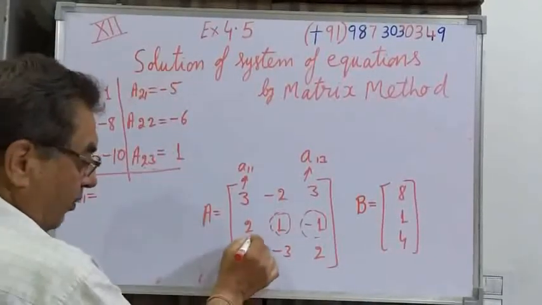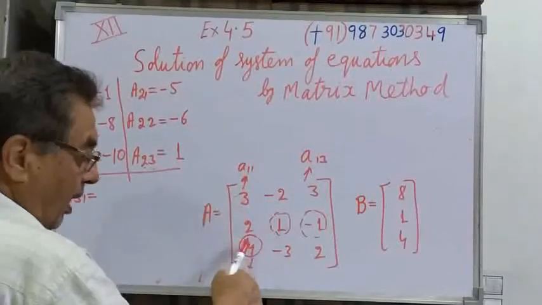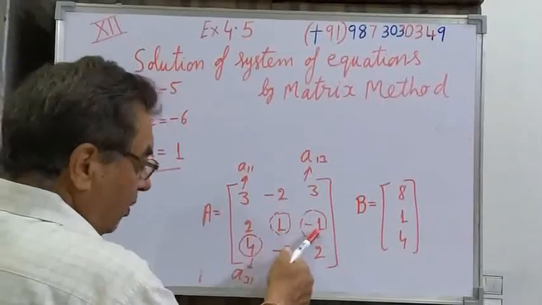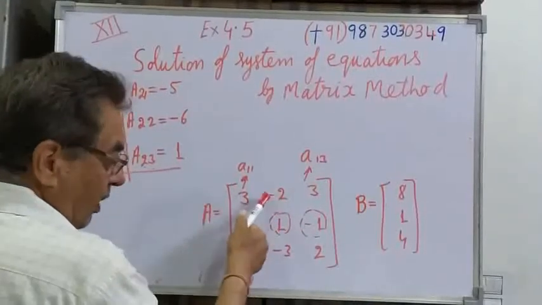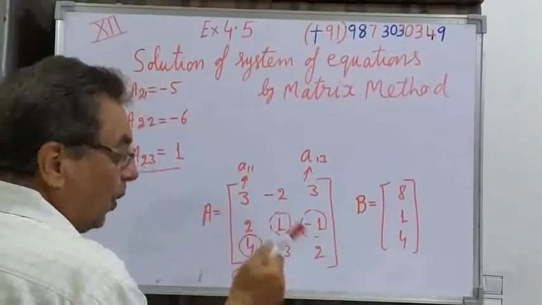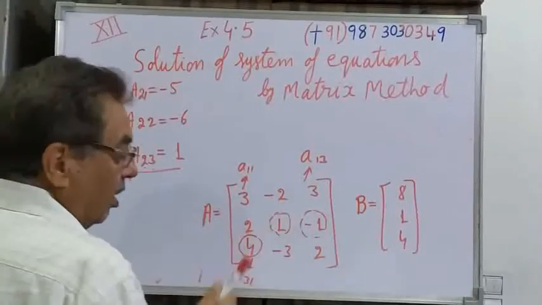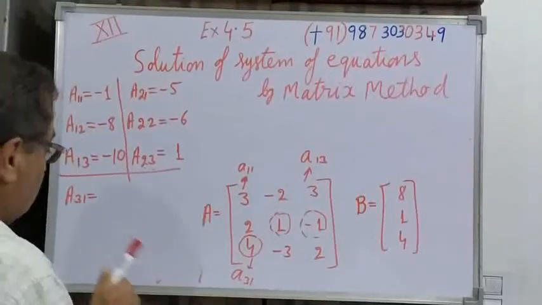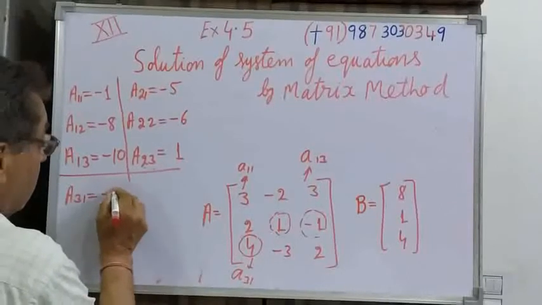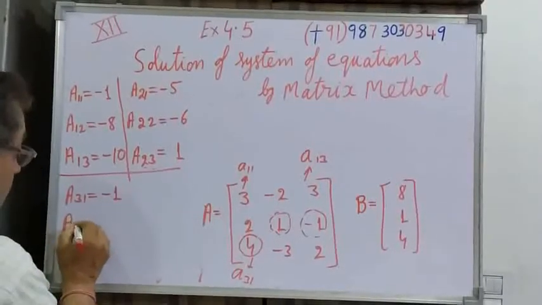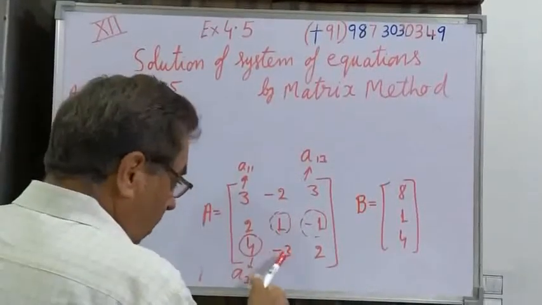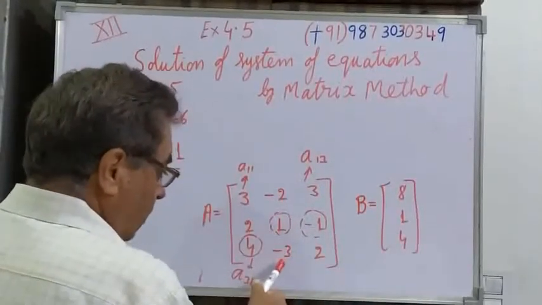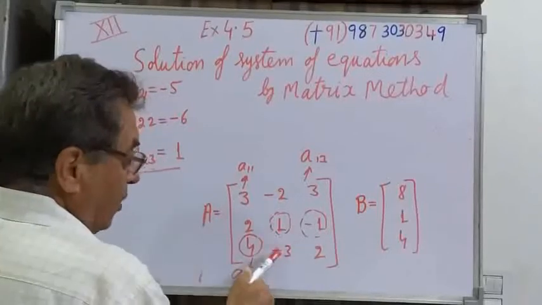What is the cofactor of this one? Hide this one, minus 2 into minus 1 plus 2, minus 1 into 3, minus 3, 2 minus 3, minus 1, and it is an even place. Then let us go for 3, 2. Third row, second column. This is the 3, 2 element.